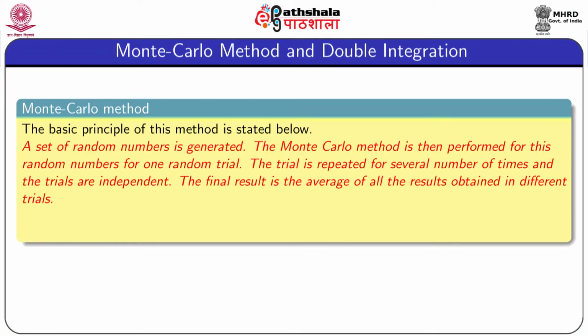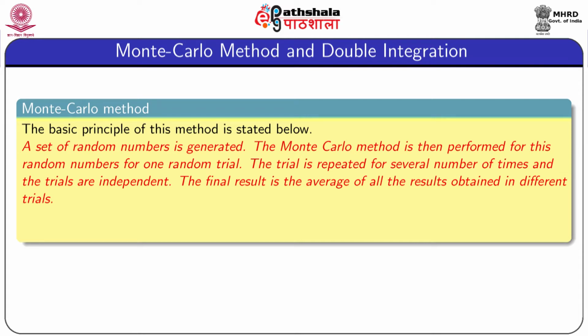The Monte-Carlo method is a very interesting method to solve different types of problems based on random numbers. The basic principle of this method to find the integration is stated below. A set of random numbers is generated. The Monte-Carlo method is then performed for these random numbers for one random trial.